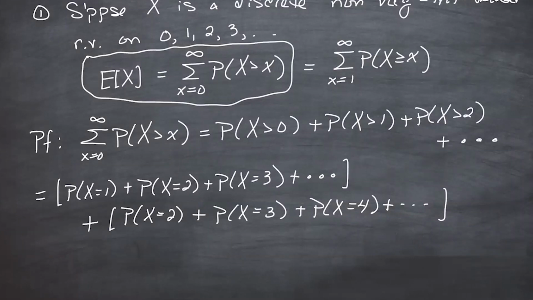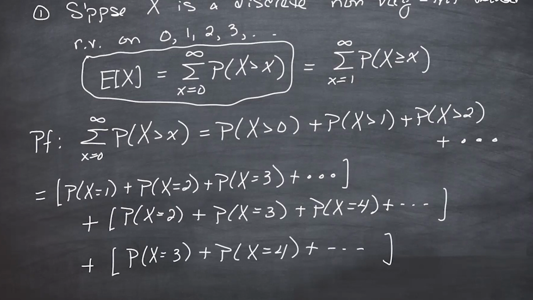That consists of the disjoint events that X is 3 or 4 or 5, and so we can add those probabilities: X equals 3 plus the probability that X equals 4 plus, and then we have this continuation out here. So if you look at all these terms we've gathered, we have exactly one probability that X equals 1, and we have two probabilities that X equals 2.